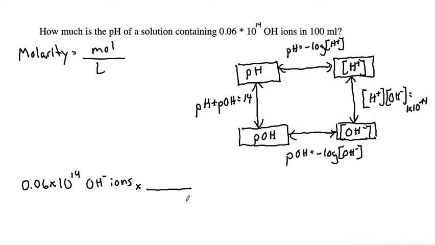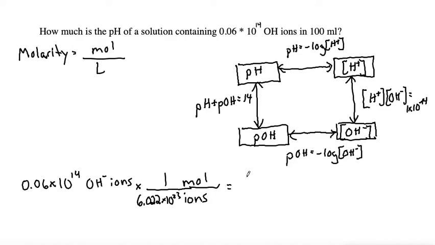So let's start out by putting the number of ions in the denominator so it can cancel, and moles on top. The relationship between number of particles and moles is Avogadro's number. So 6.022 times 10 to the 23rd ions is equal to 1 mole of those ions. Grabbing my calculator, I do 0.06 times 10 to the power of 14 divided by 6.022 times 10 to the 23rd.